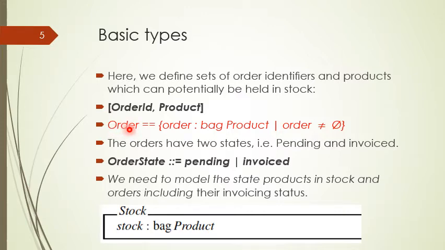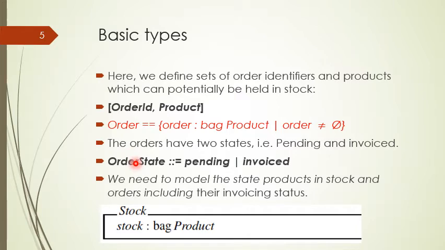Basically, what we are doing here is making another type from the products. So order is another data type which is basically constructed through the bag of products. So in this way we make another type for the system orders in stock.